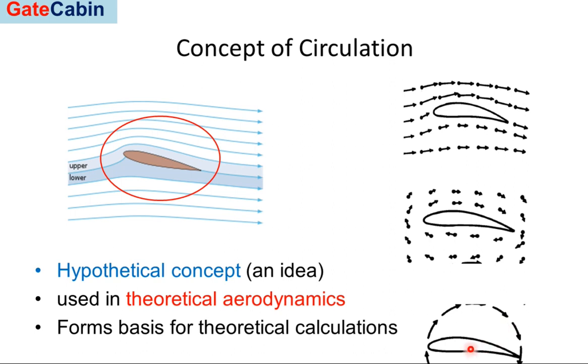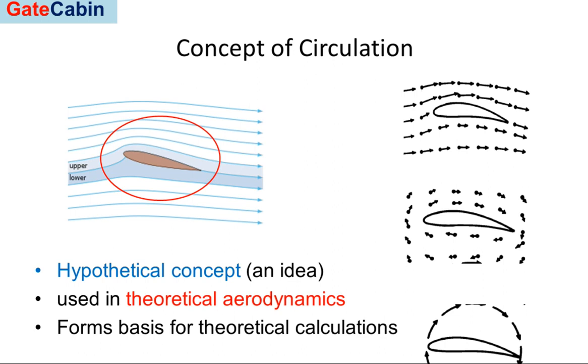This mathematical representation is called circulation. Like I told previously, circulation is basically a hypothetical concept, or we can also call it a mathematical tool to understand or represent aerodynamic studies on paper. This concept is very widely used to explain concepts in theoretical aerodynamics.